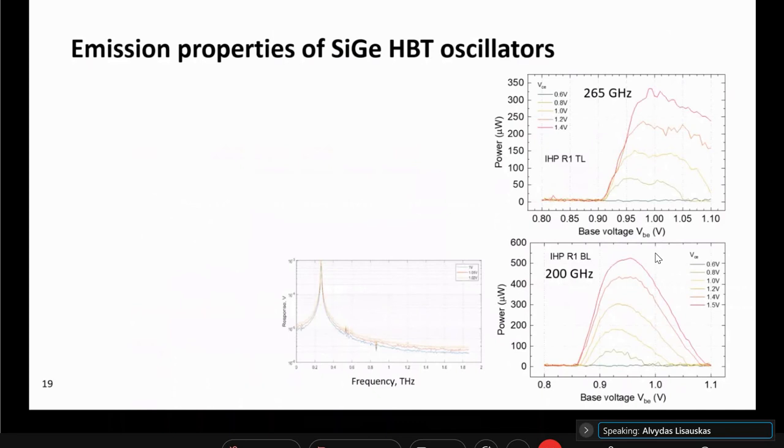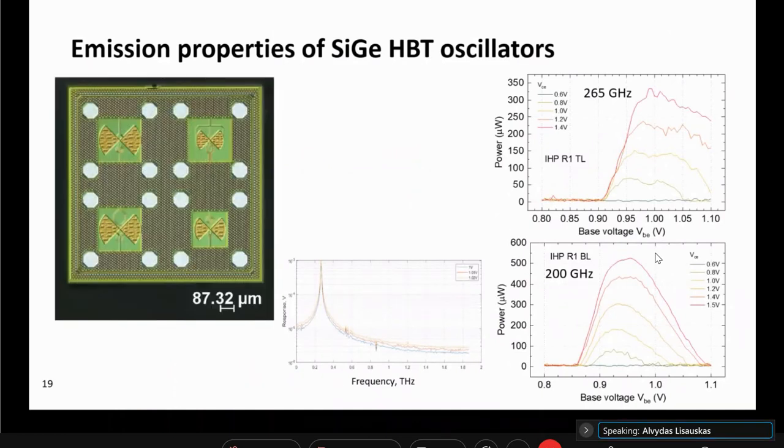Now, the SiGe oscillators. This is how a chip looks like, our first chip. By now we already have a second chip in production. So we have here at the top an oscillator for 300 gigahertz, 260, and at the bottom left side, 200 gigahertz.